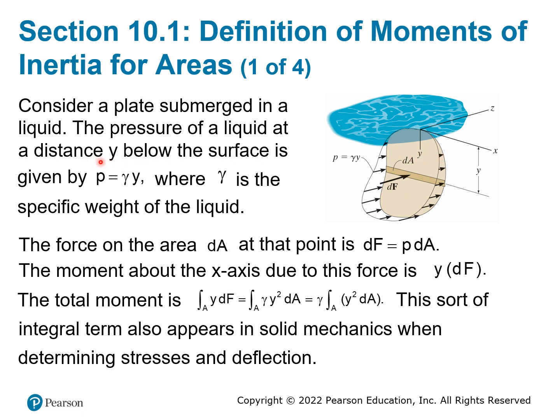So depending on the distance y, we can find the pressure, which is equal to rho times y. The rho is simply the specific weight of the liquid, and that times y represents how much pressure is applied to something below.